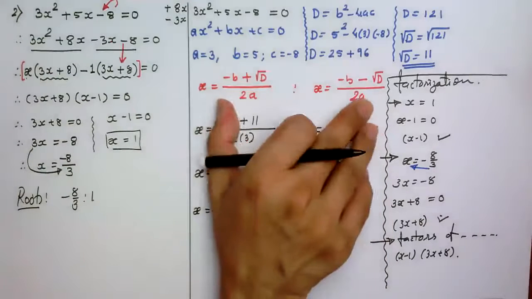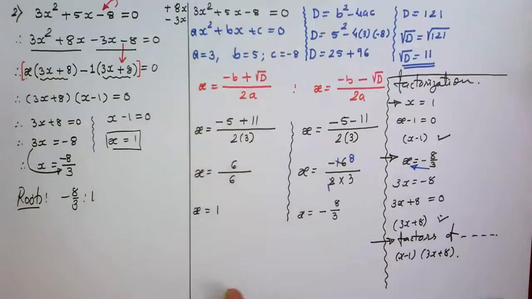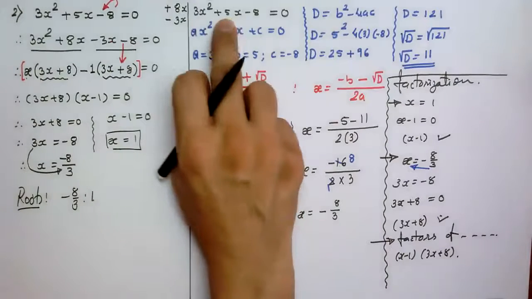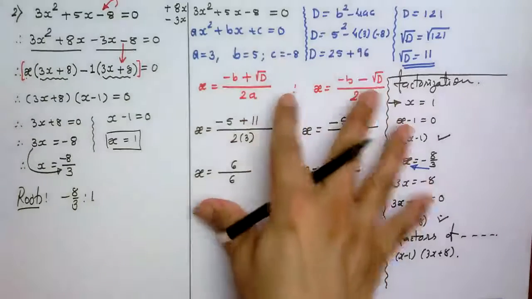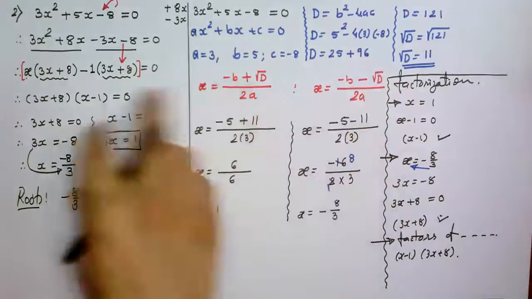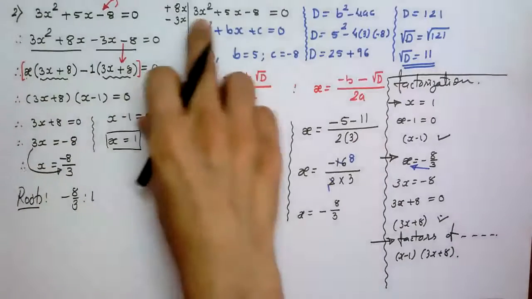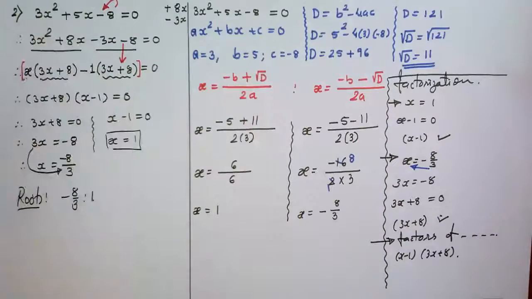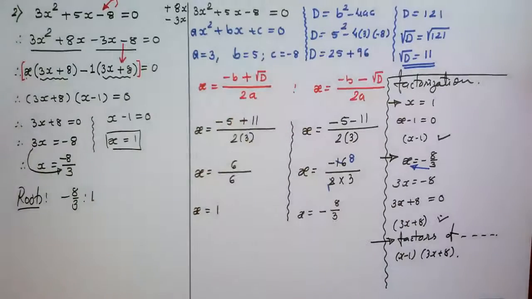This method is very useful when you are dealing with bigger numbers. Even if you have irrational numbers in the equation, then also you can use this method. But this method becomes very difficult when you have some irrational numbers or big numbers. So mind it. I will show another example using this formula.